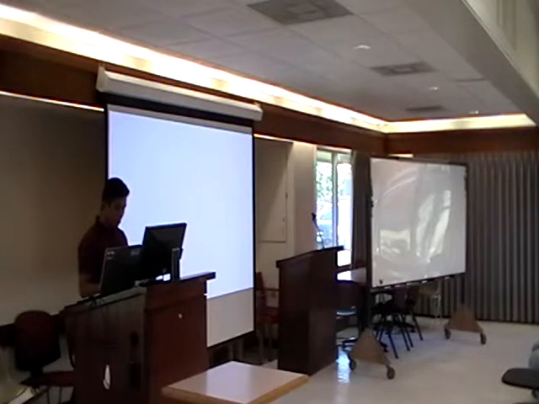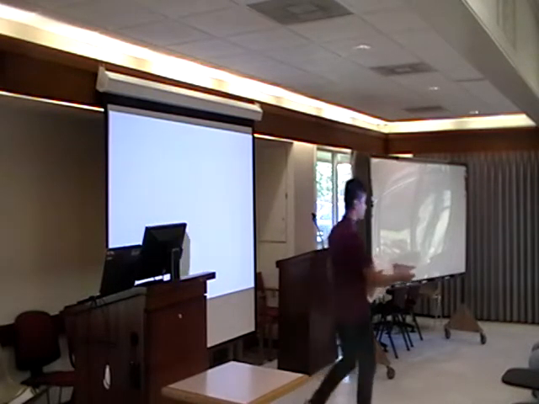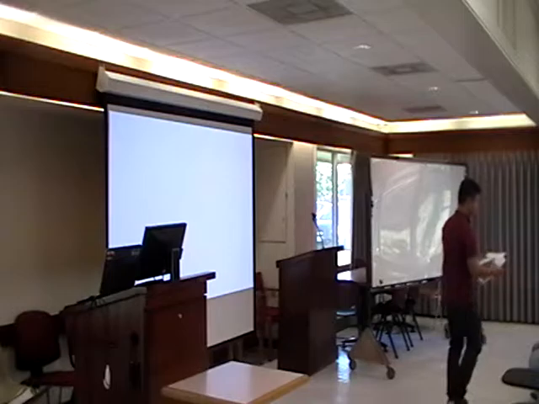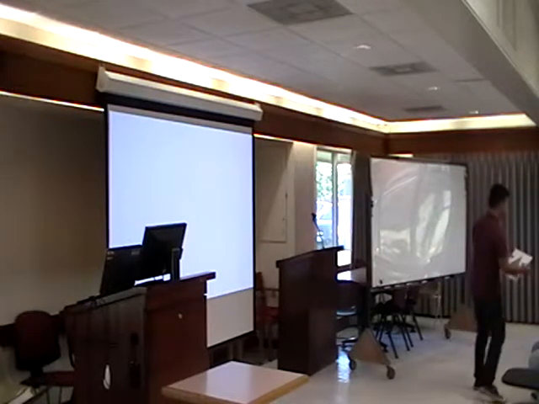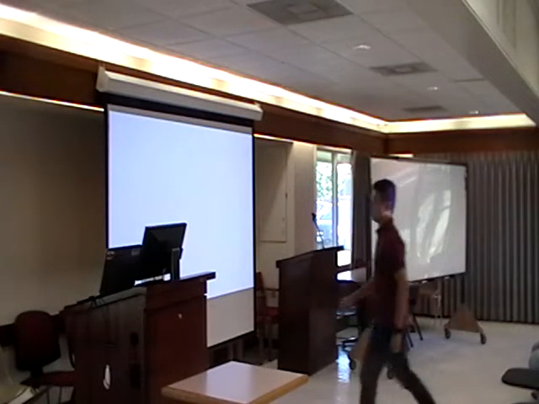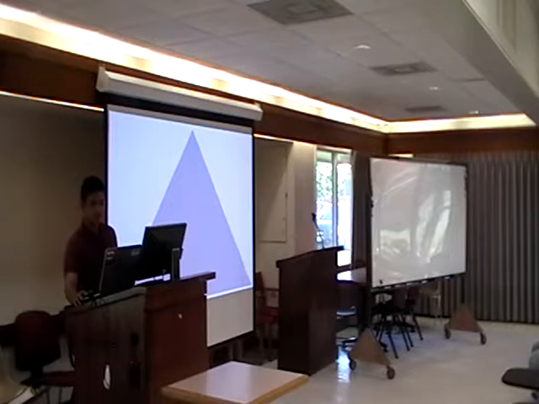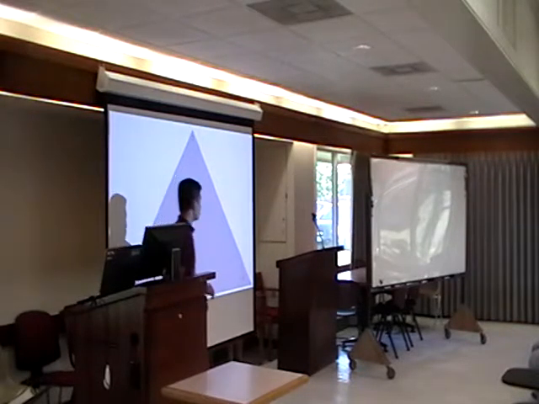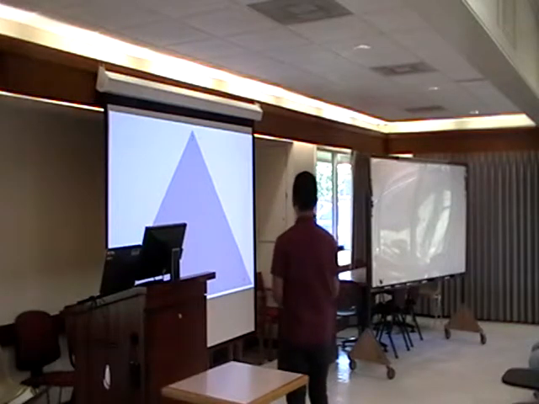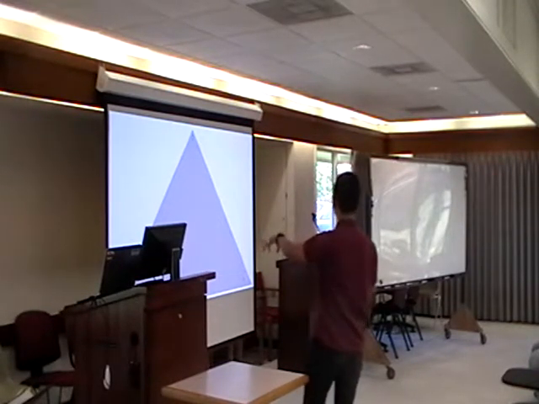Now, what we're going to do now is I'm going to show you how each property works. So for example here, I have a triangle, yeah, and it has three different numbers.